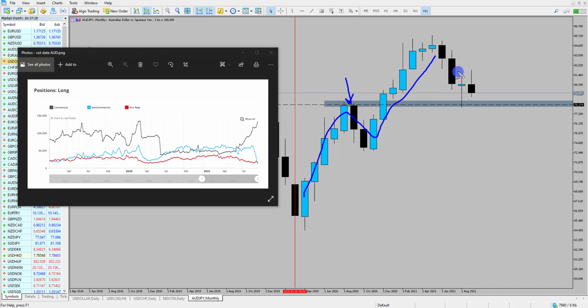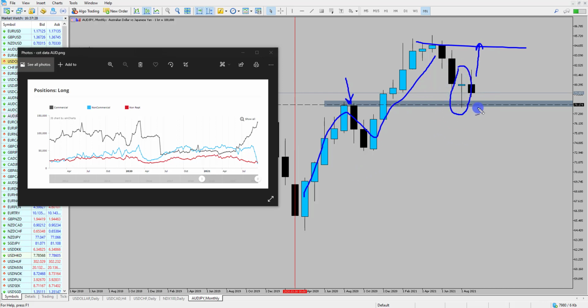Price has come back into it, and we've formed this indecision, or this wick doji off of this previous resistance area. So is this basically turning into support? Are we going to get the higher low pattern, and is price going to move back up into these highs? That's what we're looking at here.